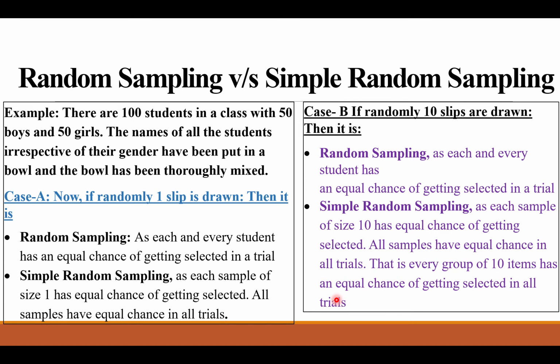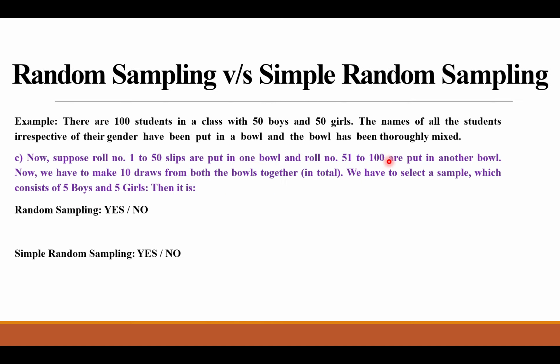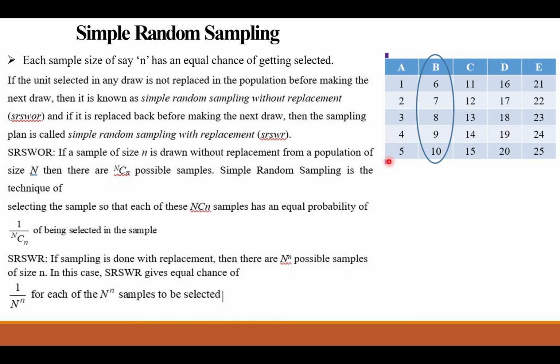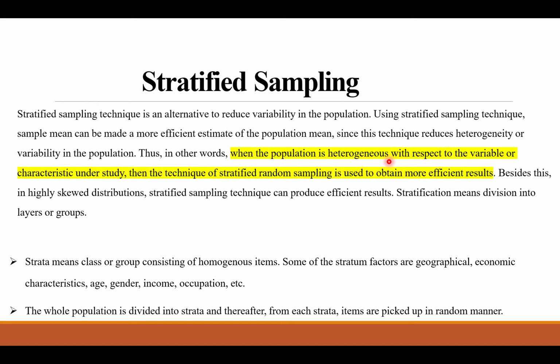But it should be simple random sampling when each sample of size 10 has equal chance of getting selected in all trials. So every group of 10 atoms has an equal chance of getting selected in all trials. When it has equal chance of getting selected in all trials, it is called simple random sampling. When each and every student has an equal chance of getting selected in a single trial, it is called random sampling.